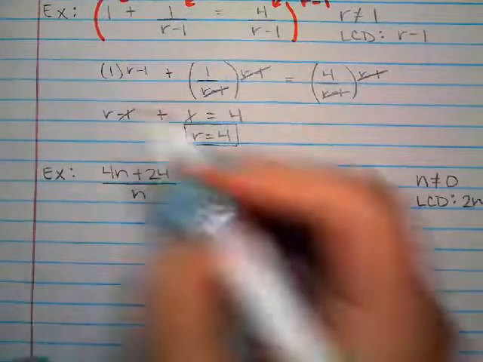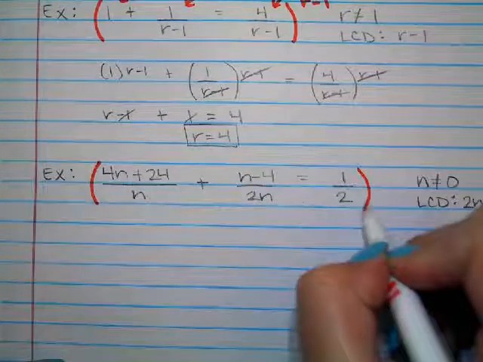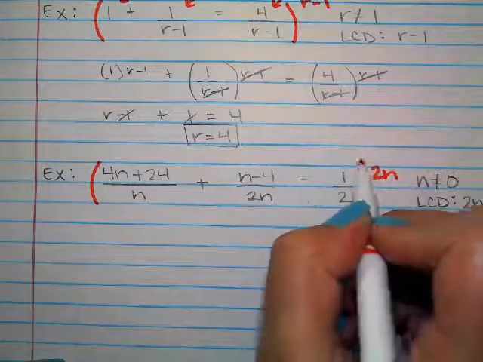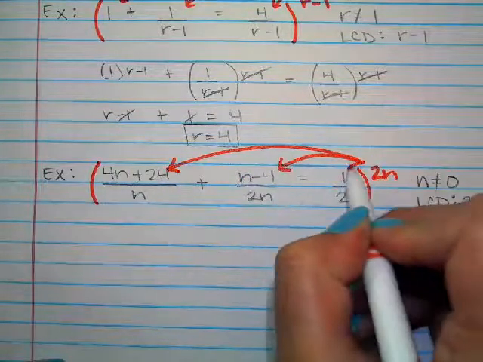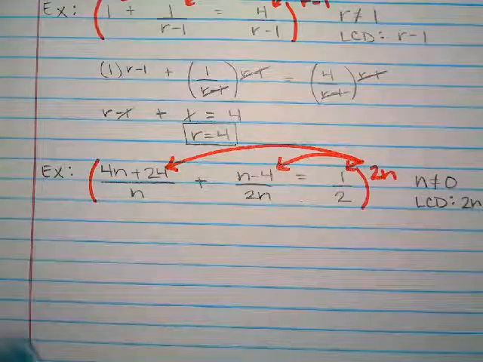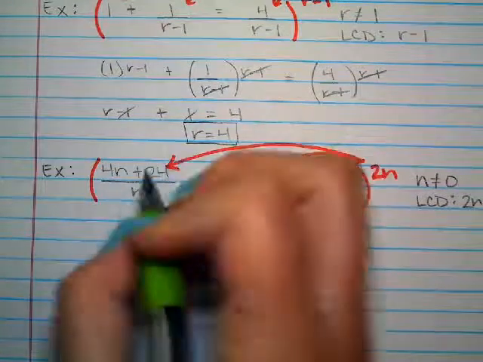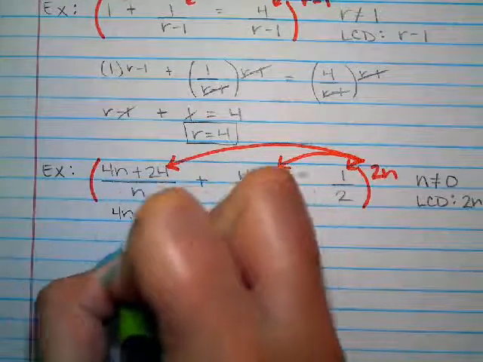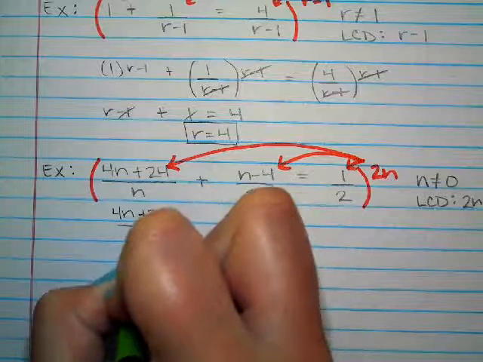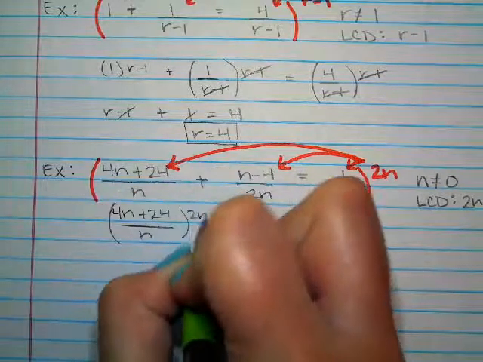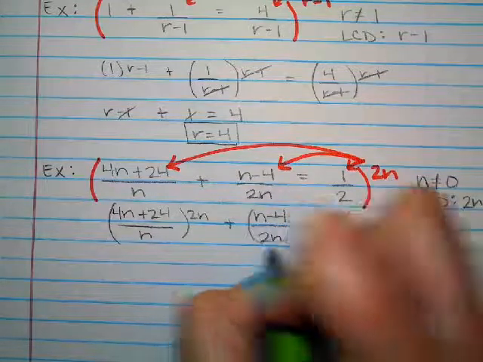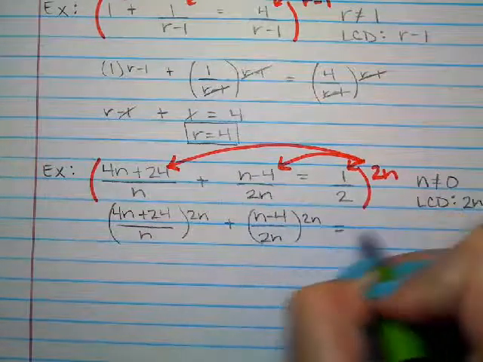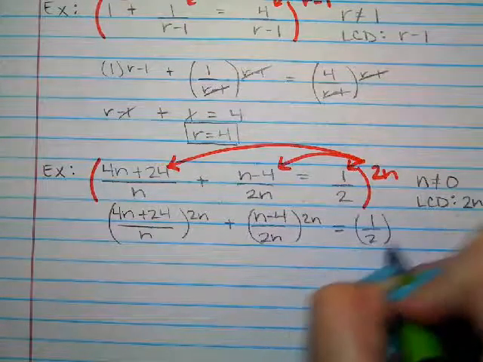So I'm going to take the entire equation and multiply by 2n. So I have 4n plus 24 over n times 2n plus n minus 4 over 2n times 2n equals 1 over 2 times 2n.